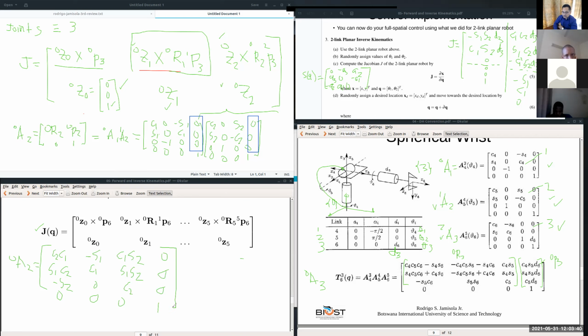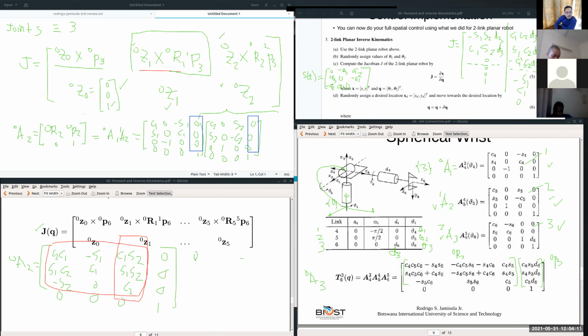Now that is your 0A2. This is your rotation matrix. So this is what we're looking at, 0Z2. This is correct now.